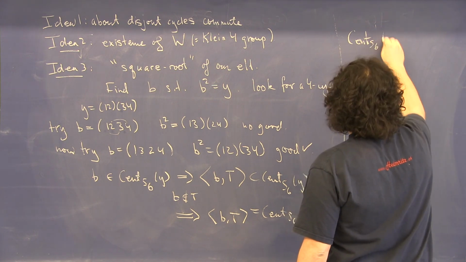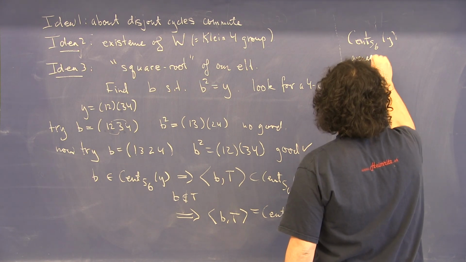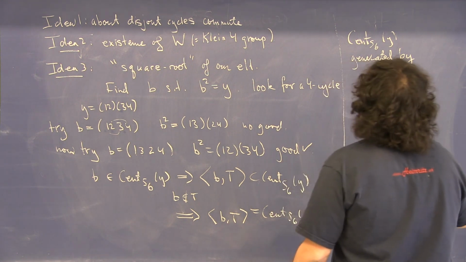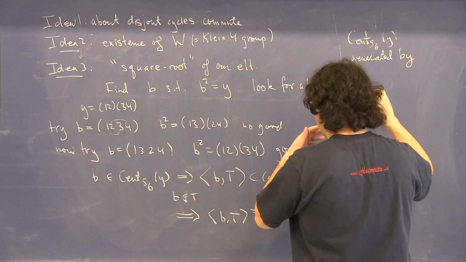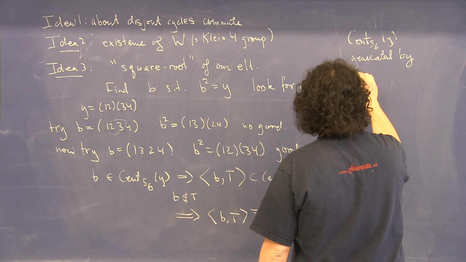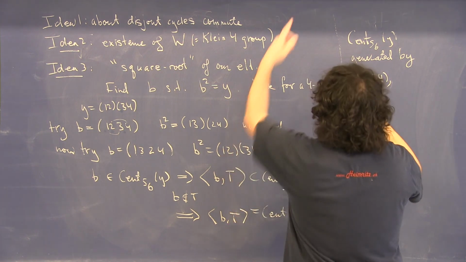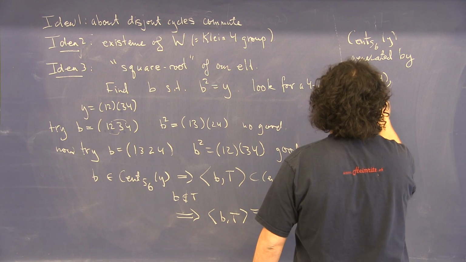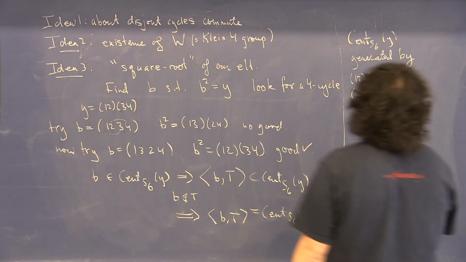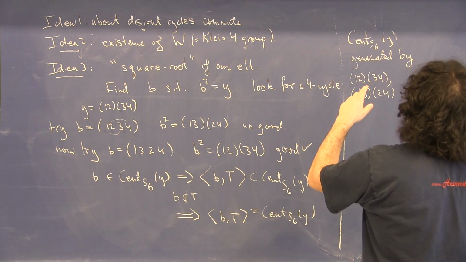We have that the centralizer in S6 of y is generated by the following elements, if I want to write them out explicitly. I have y itself, which is (1 2)(3 4). I have another one from this Klein 4 group, (1 3)(2 4), that gives me W. Then to get T, which order did we do it in?